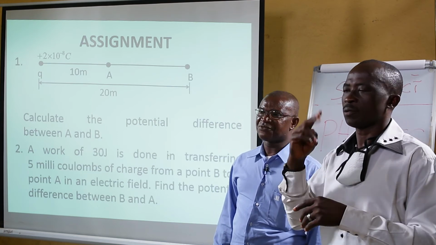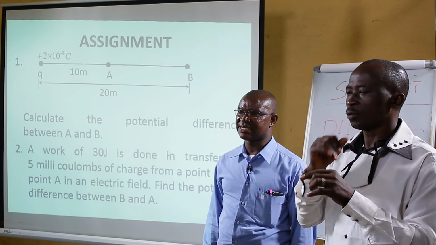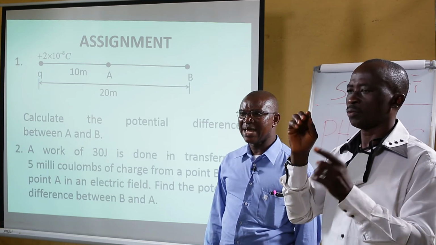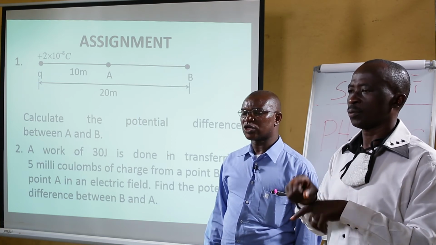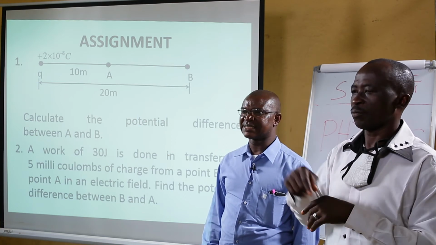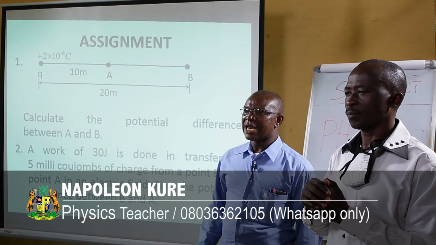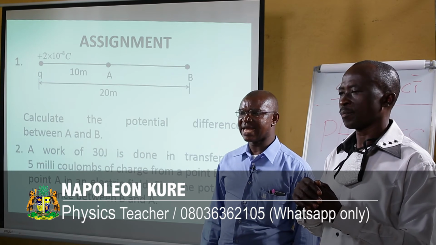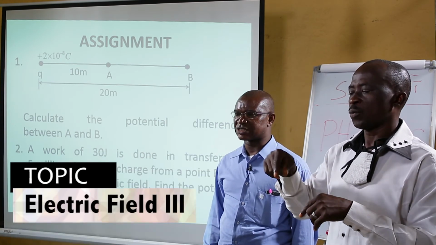Now, our electric field intensity, as we have treated, is capital E equals to the same KQ, but with just one of the Q remaining. That is, E is equal to KQ over 4 pi epsilon naught R square. In electric field intensity, one of the Q is not there.